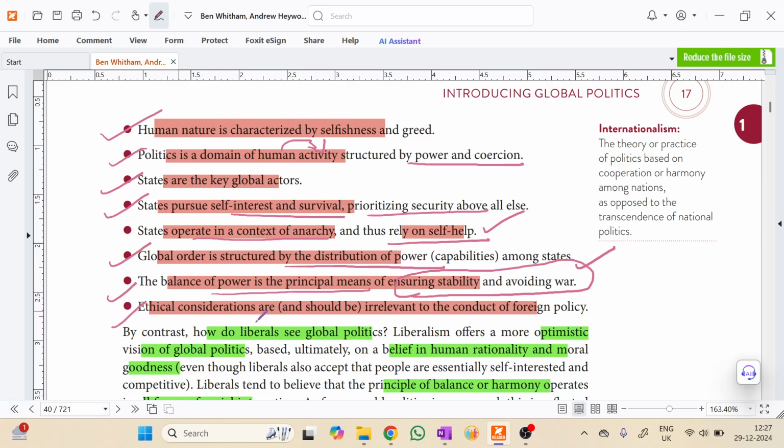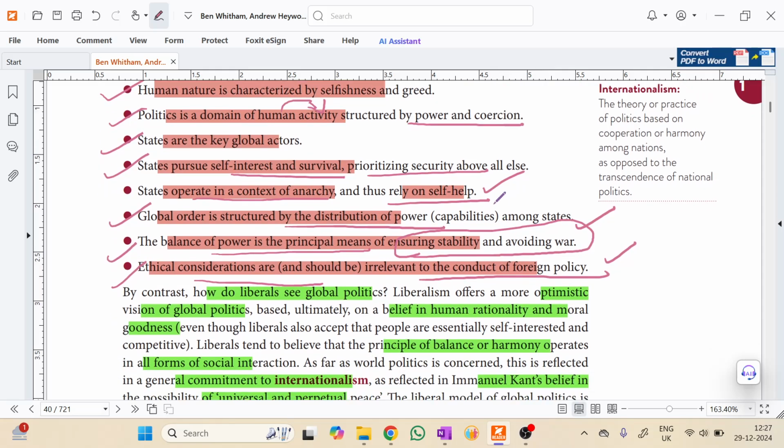can be avoided. Then ethical considerations are irrelevant to the conduct of foreign policy, which means even if you assume that it is unethical to start a war, sometimes for survival you may need to resort to such actions.